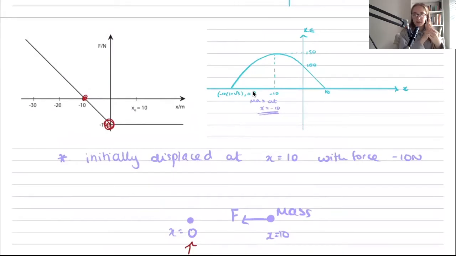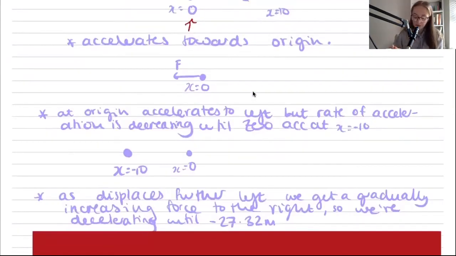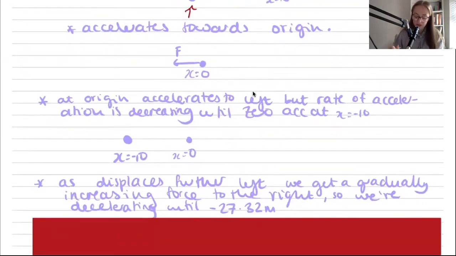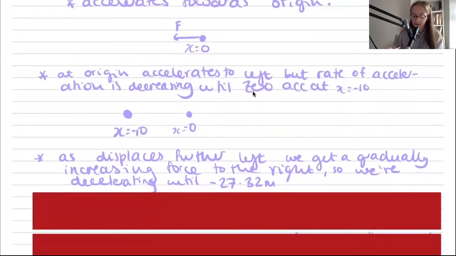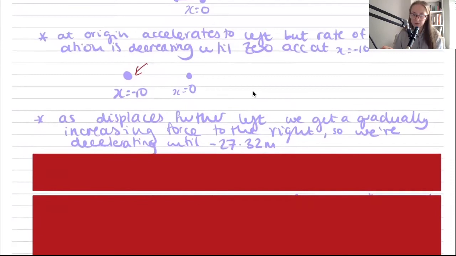And then it begins to have a force in the other direction. So it's caused to accelerate back to the right. So at the origin, it accelerates to the left, but the rate of acceleration is decreasing until it's 0 at x is minus 10. So at that point, it has no net force and it's not accelerating anymore. It's moving at a constant velocity to the left.